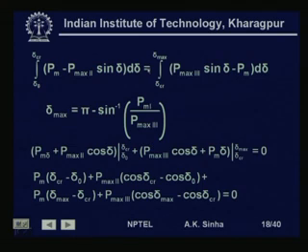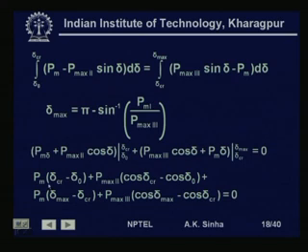Plus, we take this on this side, then we will have this as a minus term. So, minus, when we integrate sin delta it becomes minus cos delta. So, this is plus P max 3 cos delta, plus, this is minus when we have taken on this side, this becomes plus, so plus Pm into delta. So, this also should be Pm into delta, from delta critical to delta max.